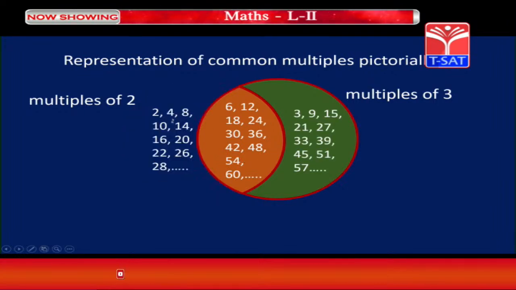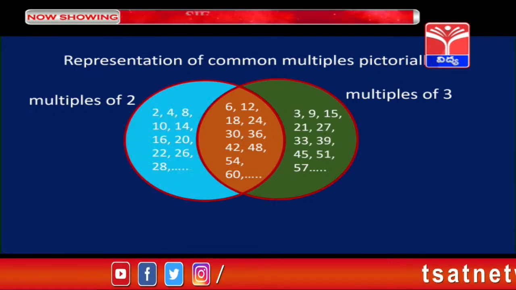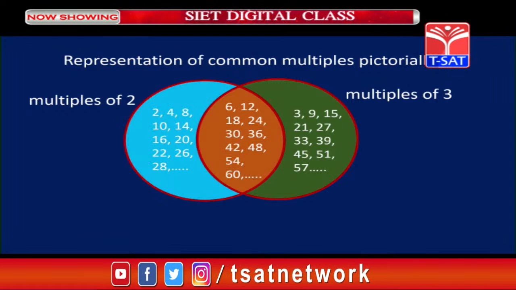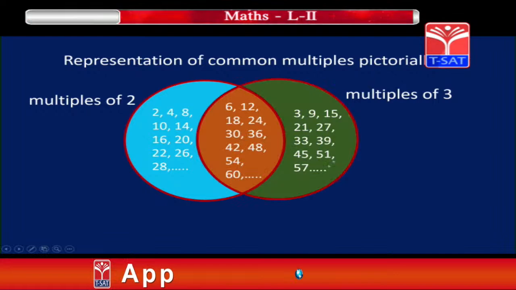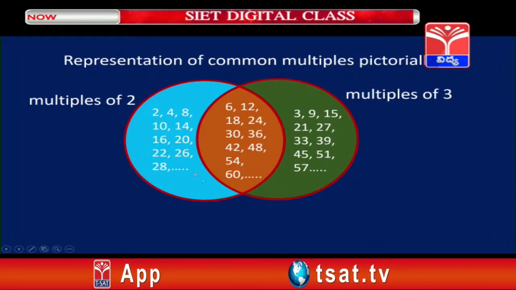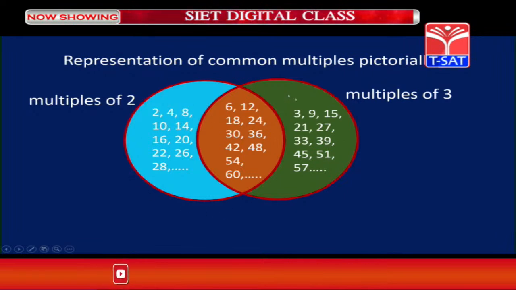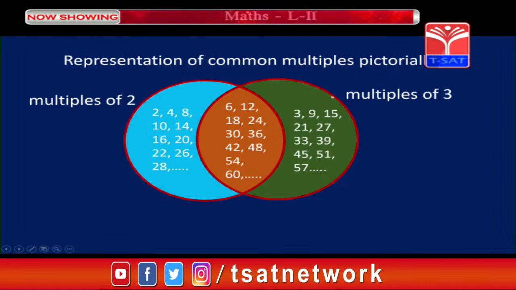Here the blue shaded part has only multiples of 2, the middle part has common multiples of 2 and 3, and the green part represents only multiples of 3 other than multiples of 2. So among these three, the middle part represents common multiples of 2 and 3.